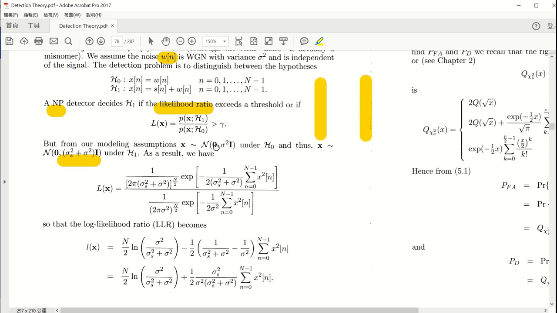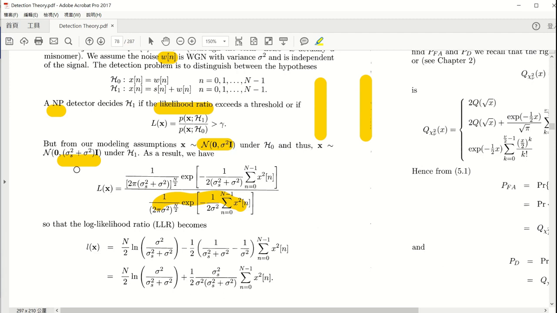As a result, we will see this as a multivariate Gaussian. So let's see H0 first because it's simpler. When you have this distribution, then you have this, because it's multivariate Gaussian with 0 mean and sigma square I.